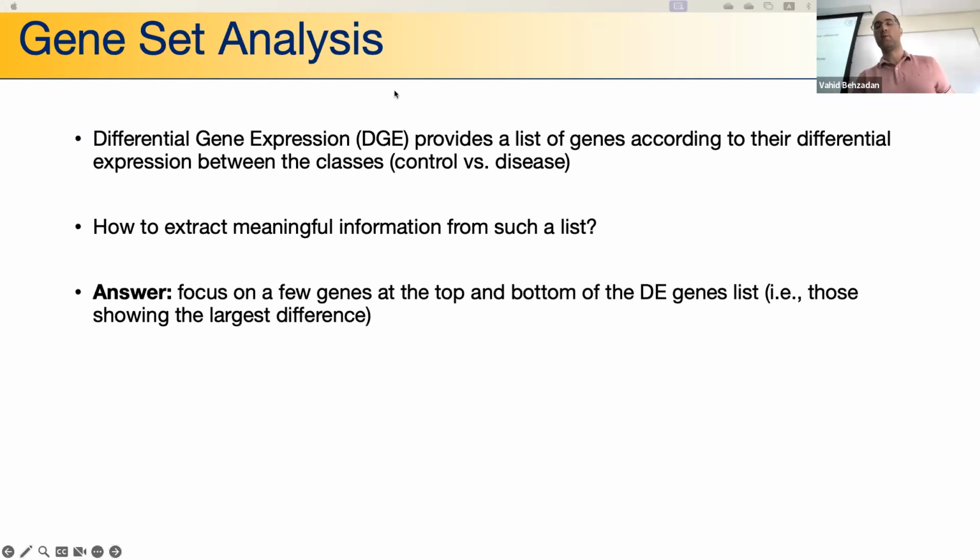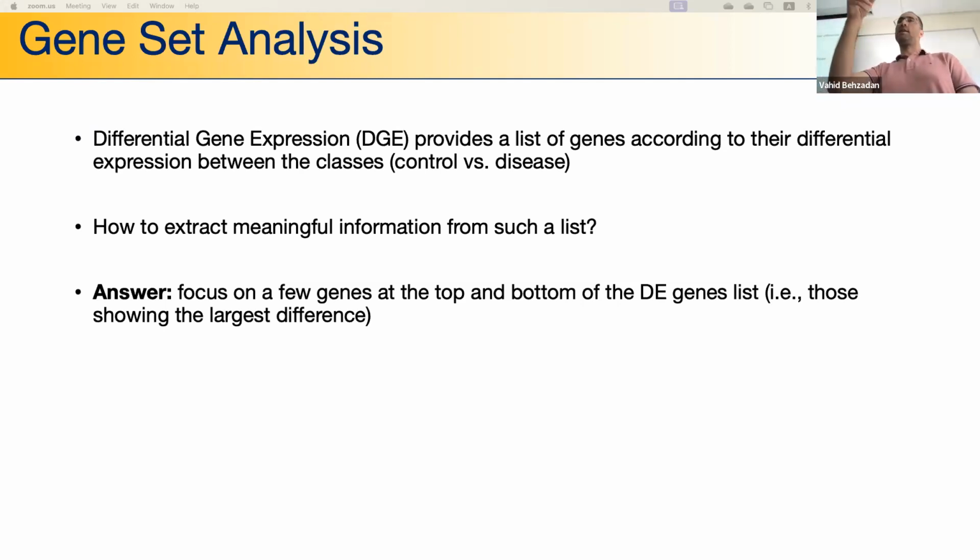By gene set, we mean a set of genes that are known to perform a specific biological task, like cell proliferation, metabolism, or whatever. Every biological process in our body happens after a cascade of events. So you have a gene that activates another gene that activates another gene.